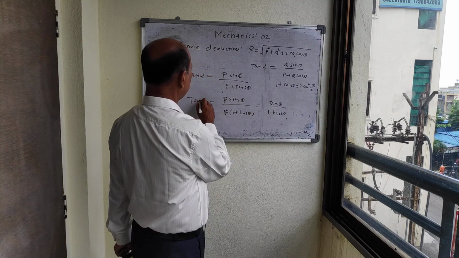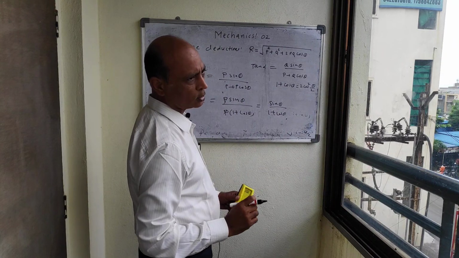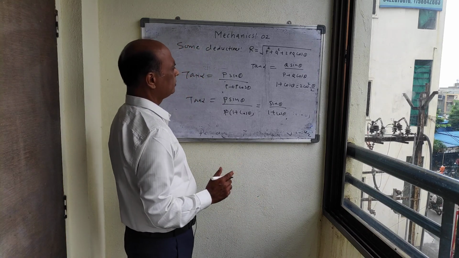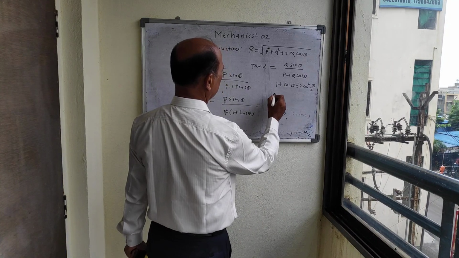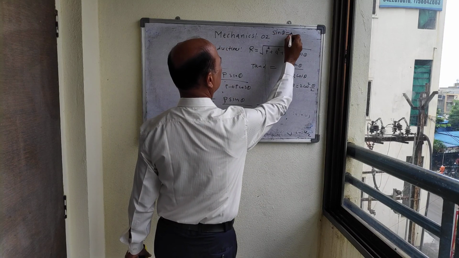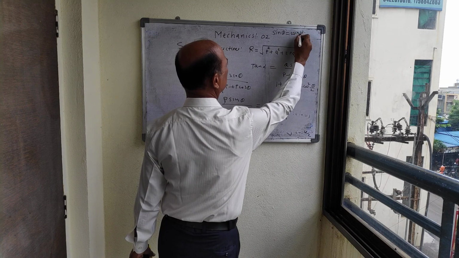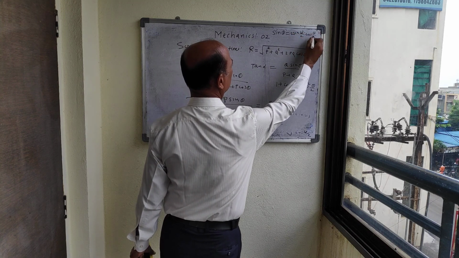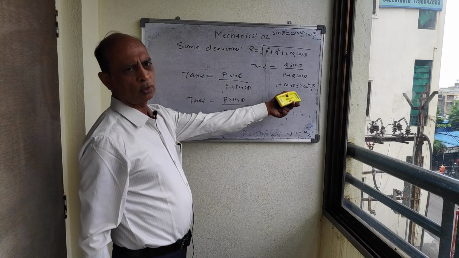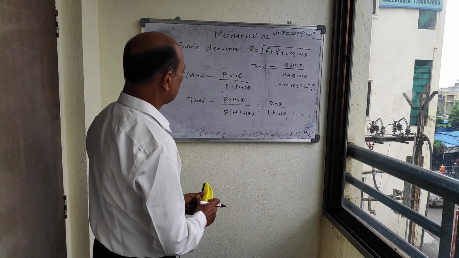We have to convert this into some standard forms of sin theta and cos theta. All of you know that there is one formula: sin theta can be written as 2 sin theta by 2 cos theta by 2, and for 1 plus cos theta we use 2 cos square theta by 2.